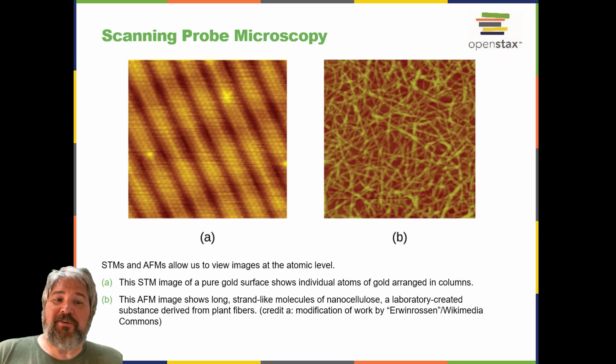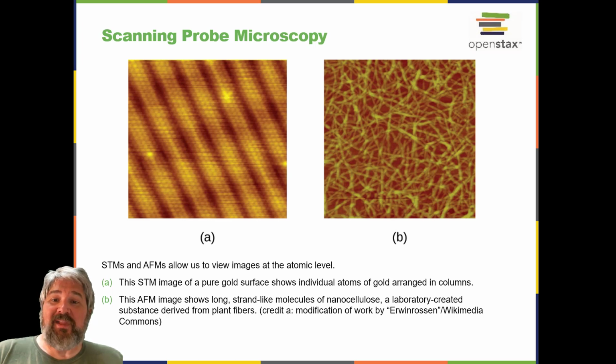This current occurs via quantum tunneling of electrons between the probe and the specimen, and the intensity of the current is dependent upon the distance between the probe and the specimen. The probe is moved horizontally above the surface, and the intensity of the current is measured. Scanning tunneling microscopy can effectively map the structures of surfaces at a resolution at which individual atoms can be detected.